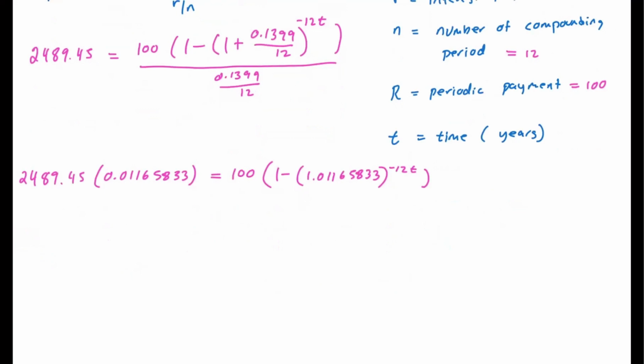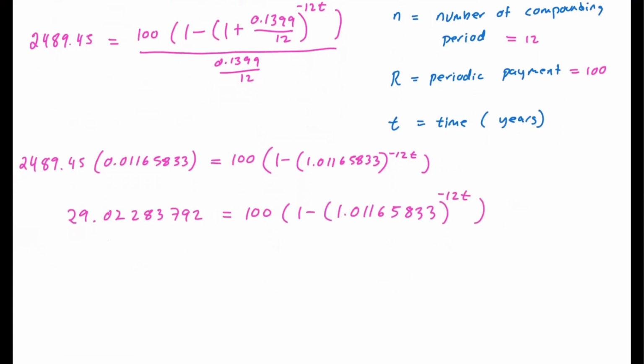Now I'm going to go ahead and perform this multiplication. This would give me about 29.02283792 is equal to 100 times 1 minus 1.01165833 to the exponent of negative 12t. And now I divide both sides by 100 to get rid of this. That's going to give me 0.2902283792 is equal to 1 minus 1.01165833 to the exponent of negative 12t.